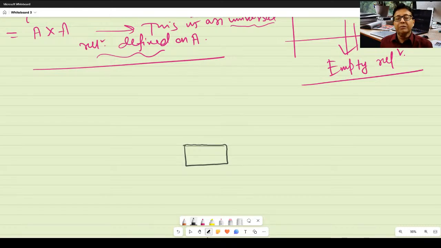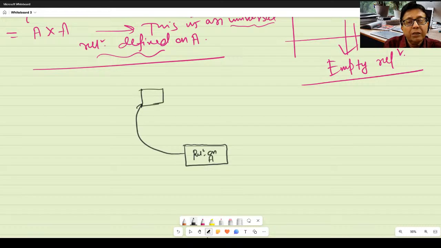Taking this, that this is a relation on E. Then what we have done in class 11, I am writing those first.